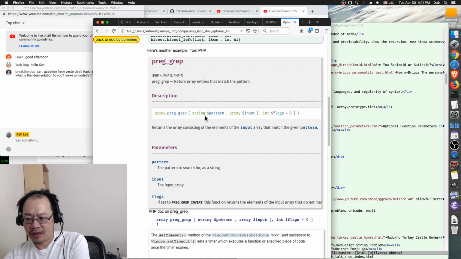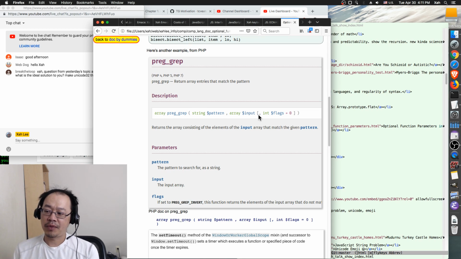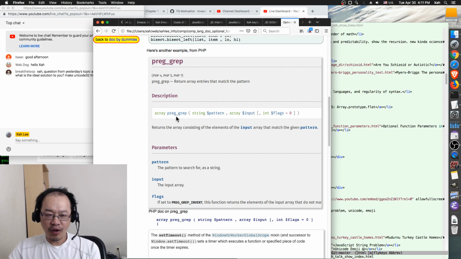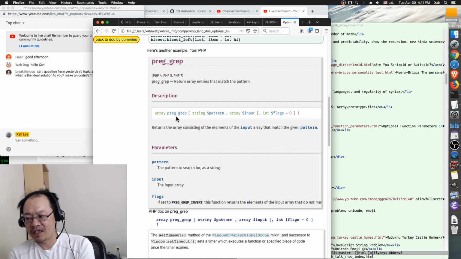The first argument is a string. The second argument is an array. Then the third argument is flags, and that's optional. So the way they indicate the third argument is that they put a square bracket, and inside it you start with a comma. So why is this idiotic?